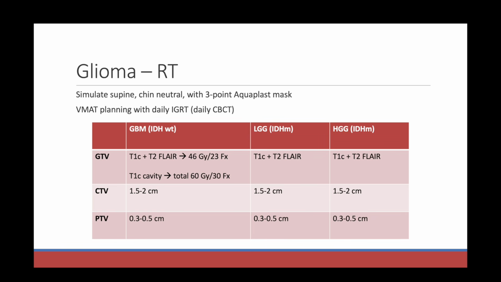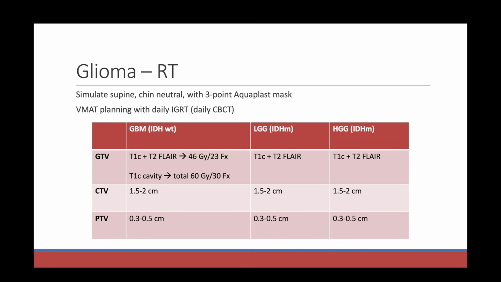So the way that the RTOG contours for GBM, they take the T1C and T2 FLAIR MRIs postoperatively, and they contour the cavity as seen on T1C, as well as the extent of the T2 edema. And that, with a 1.5 to 2 centimeter margin, will be taken to 46 gray in 23 fractions.